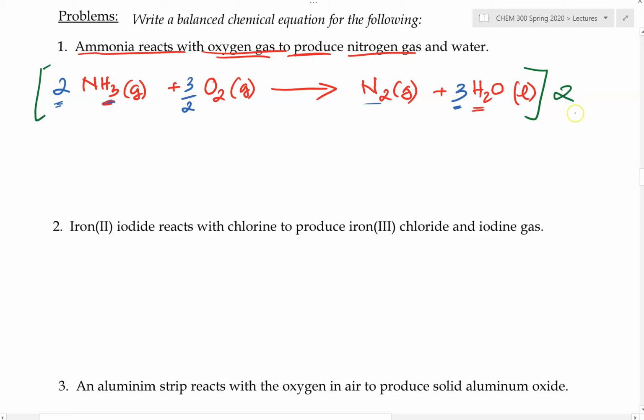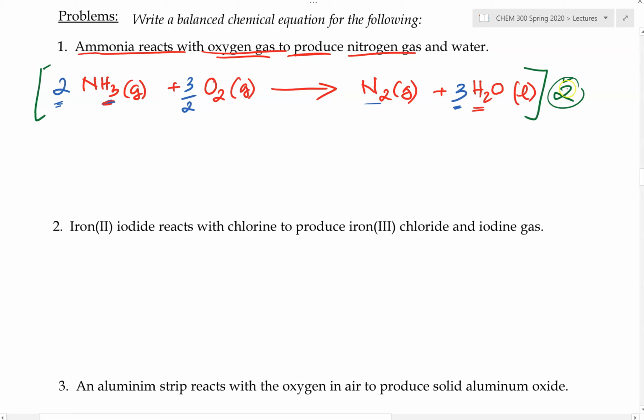The whole point of multiplying by 2 is that when we take 2 multiplied by 2 here, it will then equal 3. So we are able to convert this fraction right here into a whole number. But if we multiply this amount of oxygen by 2, we have to multiply everything else by this same factor. That way, their ratio and the amount will not be changed, and they remain balanced.